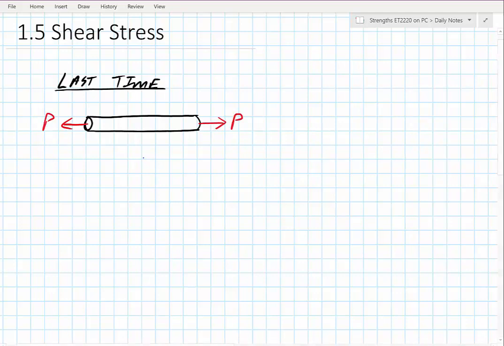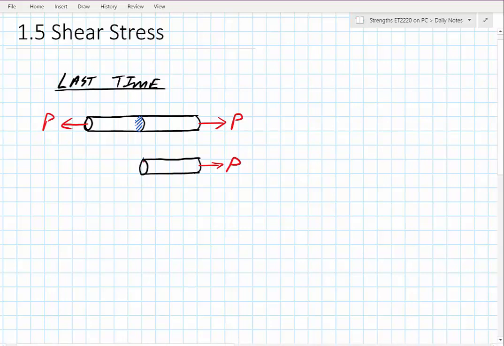What we could do is analyze what was going on in the interior of this member, some kind of random cross section. If I were to blow it up and see what's going on inside here, I have this force P, and I'm resisting this force P all across this cross section.